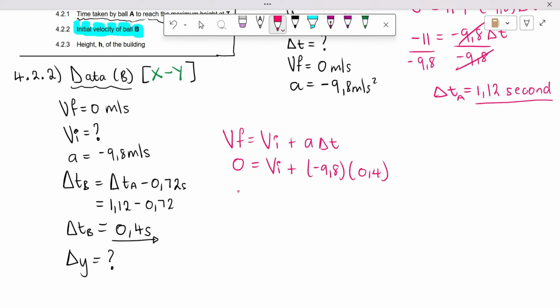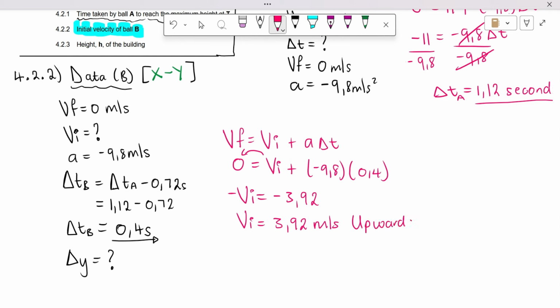So negative Vi, transposing the velocity to that side, equals negative, what's 0.4 times 9.8? I get 3.92. Therefore, the initial velocity of ball B was 3.92 meters per second upwards.